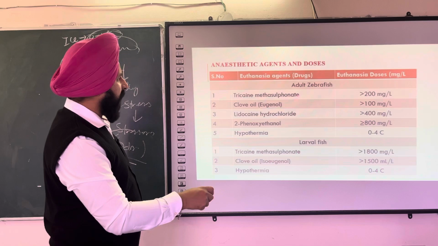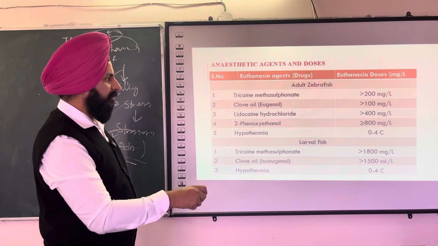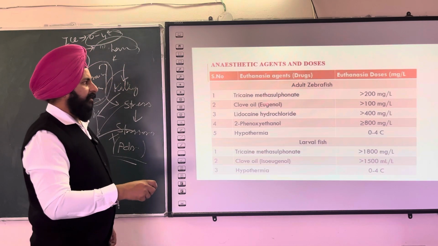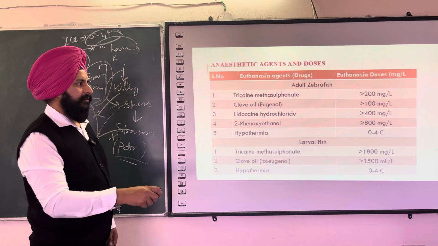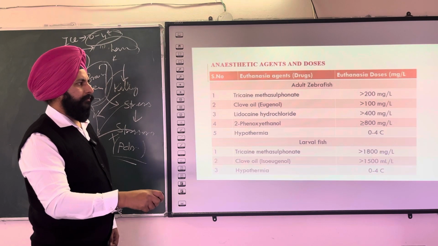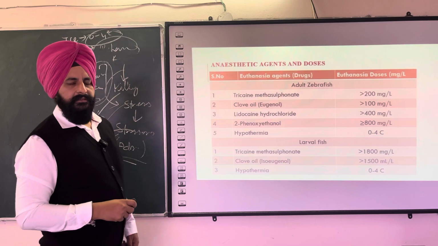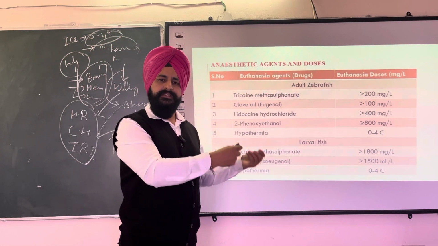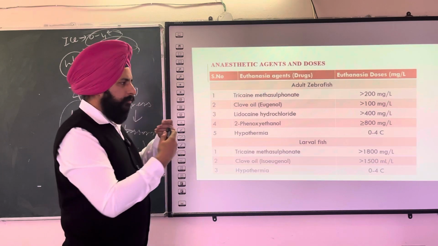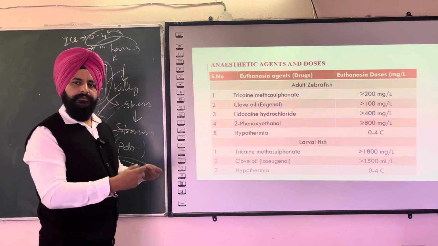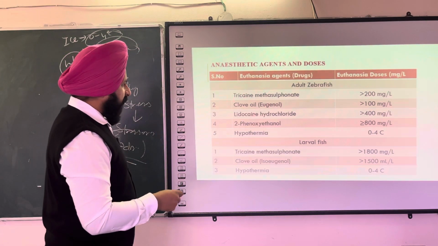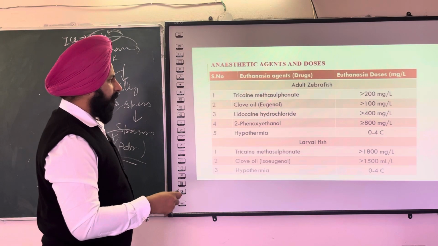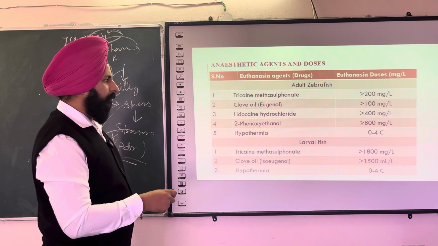The first anesthetic preferred in adult zebrafish is tricaine methanesulfonate, at a dose of 200 mg per liter. Because the fish is in water, you can easily drop this anesthetic directly into the water. The second is clove oil, because it contains eugenol.